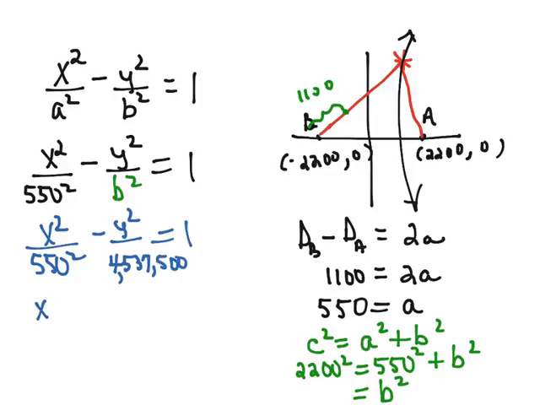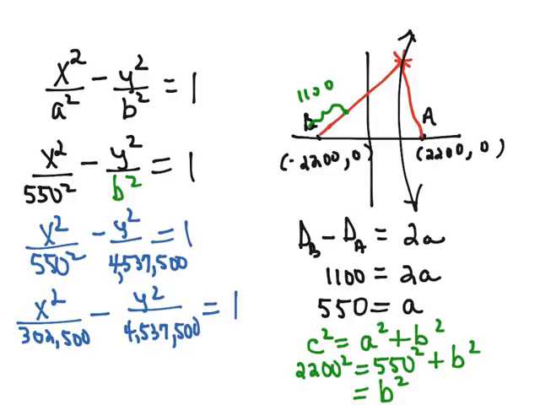And so let's go ahead and square out 550. 302,500. And so we have our equation for our hyperbola that this explosion occurred on somewhere on the right branch.